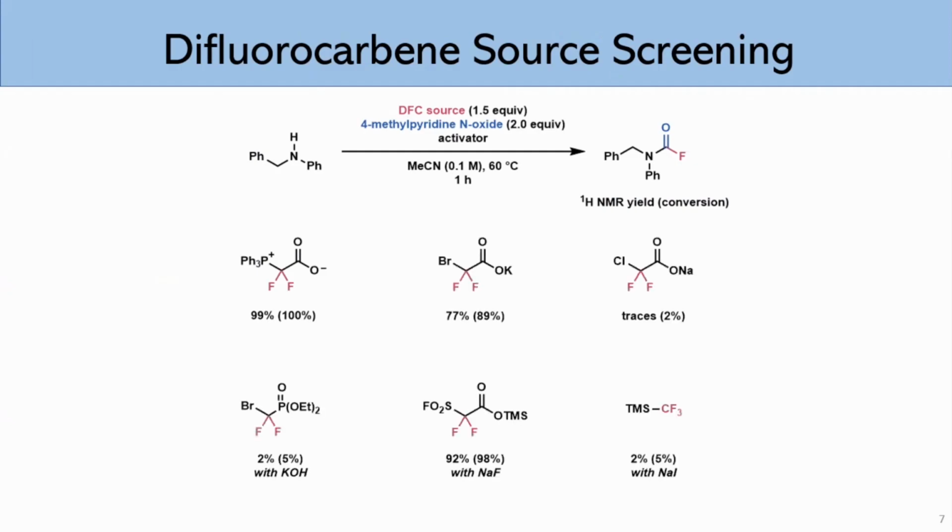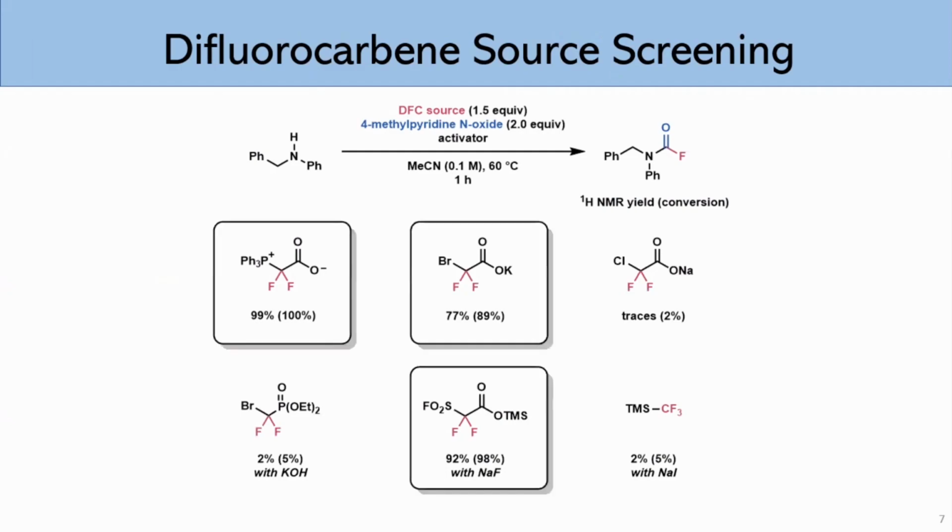but we did screen a few others, and a couple that I want to highlight here are this potassium bromodifluoroacetate, which is actually what you make PDFA from by treating this with triphenylphosphine. So if you're a medicinal chemist or someone who just wants to maybe try one reaction with a carbamoyl fluoride over the chloride or something, and you don't really want to commit to making all this PDFA, you can kind of stop here and still get your compound in hand.